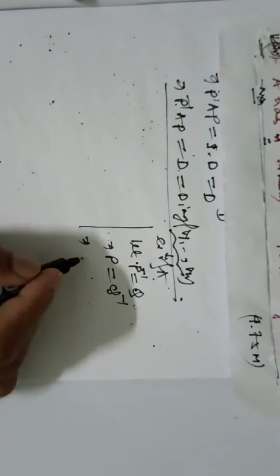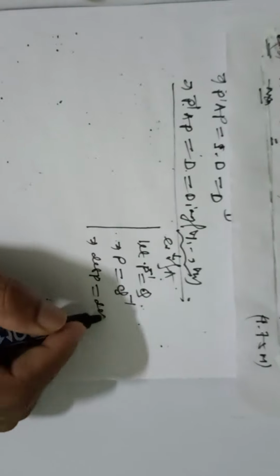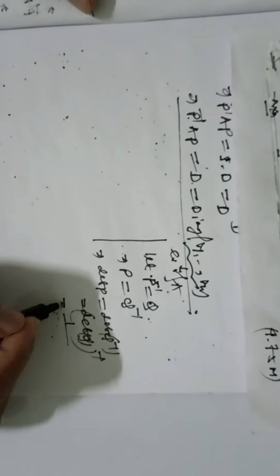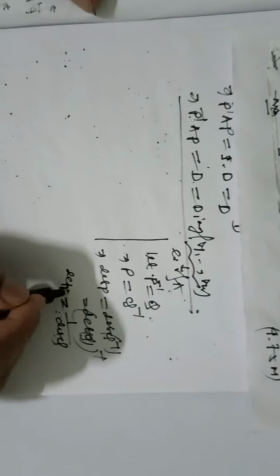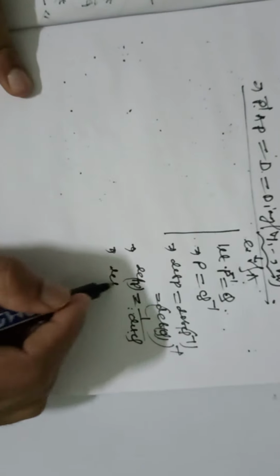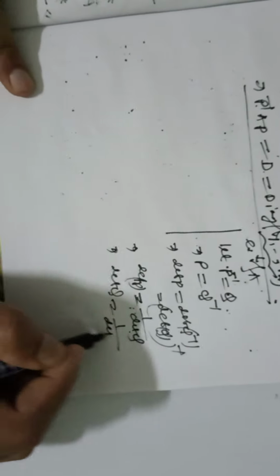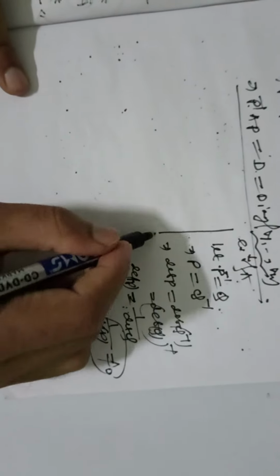See, if P is invertible, then Q is also invertible, because if you choose like this, then determinant P will be determinant Q inverse, which equals 1 by determinant Q. So determinant Q will be 1 by determinant P. Determinant P is non-zero, so 1 upon non-zero is non-zero, so Q is invertible. So if P is invertible, it automatically implies Q is invertible.